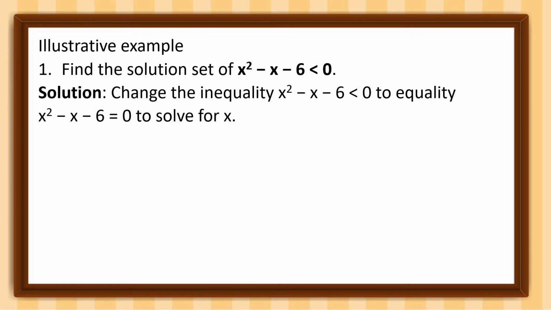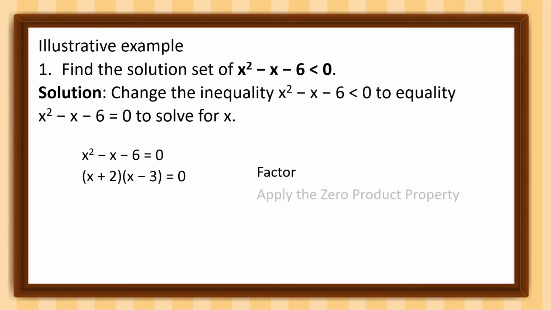And we will have x squared minus x minus 6 equal to 0 to solve for x. The first thing that we need to do is to factor that equation. And we will have the quantity x plus 2 multiplied by the quantity x minus 3 equal to 0.